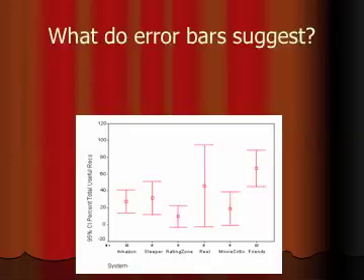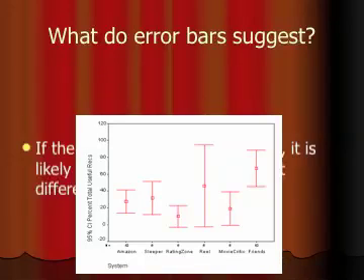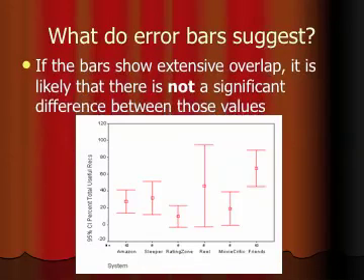Okay? So if you look at this graph, what do error bars suggest? If the bars show extensive overlap, that means there's a lot of region that is the same between the error bars, it is likely that there is not a significant difference between those values.